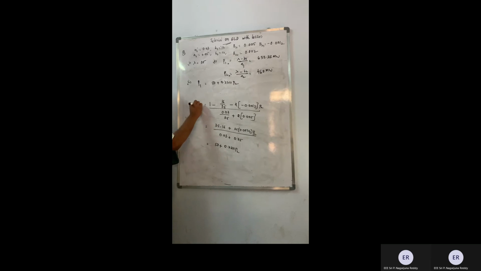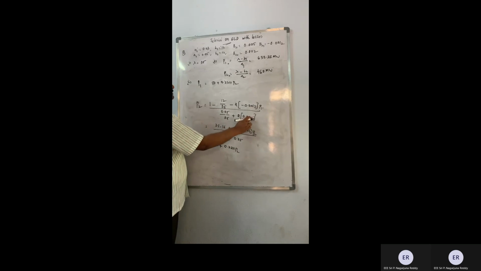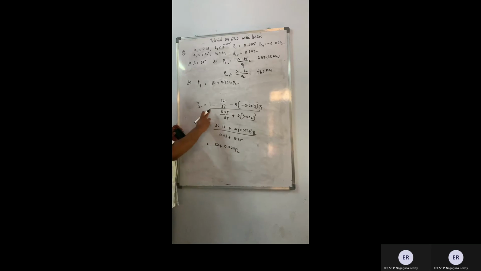Now similarly for P2, P2 is equal to 1 minus B2, this is 12, minus 2 B21 P1 by A2 by lambda plus 2 B22. A2 is 0.05 and B22 is 0.02. So 1 minus B2 by lambda minus 2 B21 P1, A2 by lambda plus 2 B22. So this is the expression.